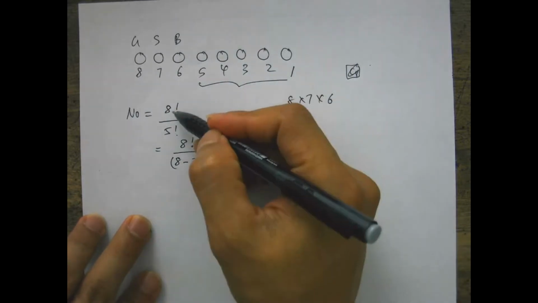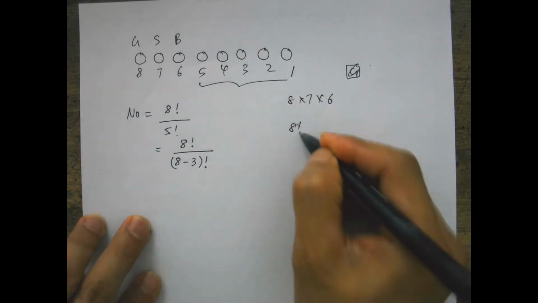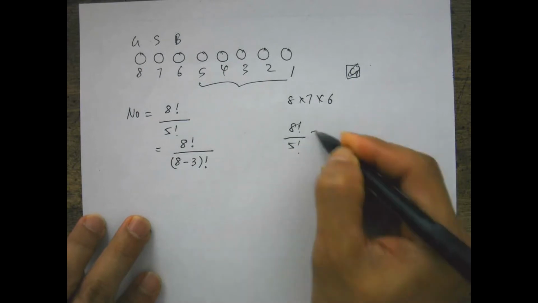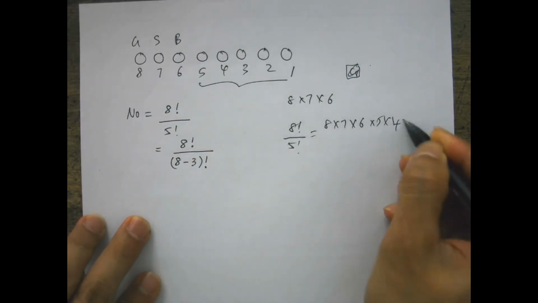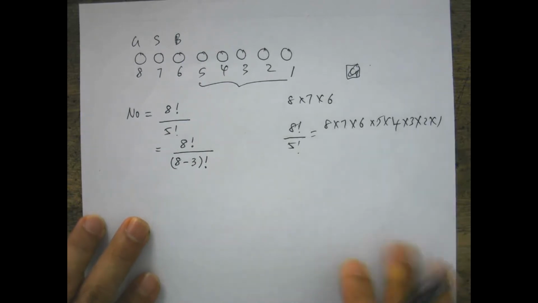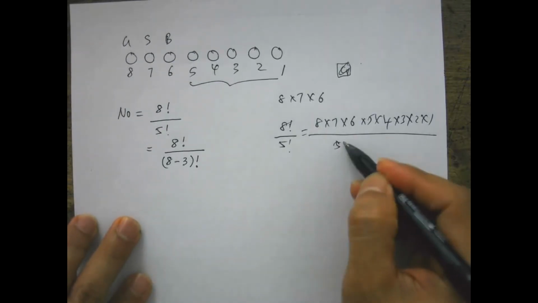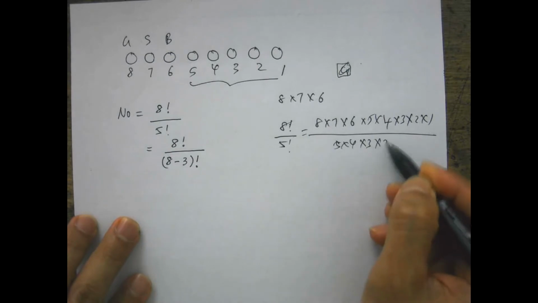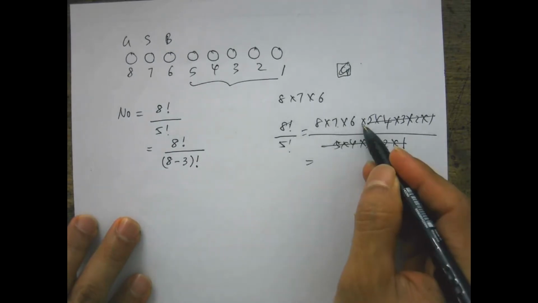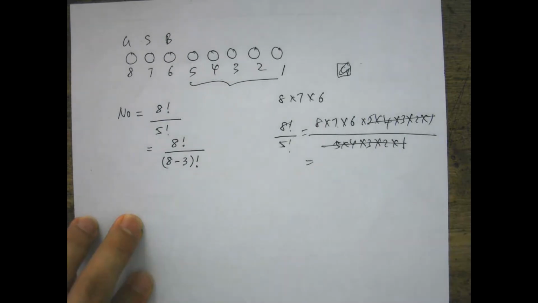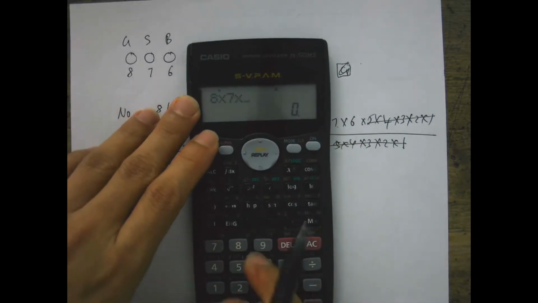Now we know 8 factorial divided by 5 factorial. By the way, let me clarify this. 8 factorial divided by 5 factorial is 8, 7, 6, 5, 4, 3, 2, 1, and 5 factorial is 5, 4, 3, 2, 1. As I cancel them, I'm left with 8 by 7 by 6. You can type 8, 7, 6, which is 336.